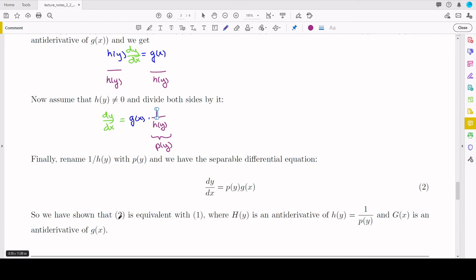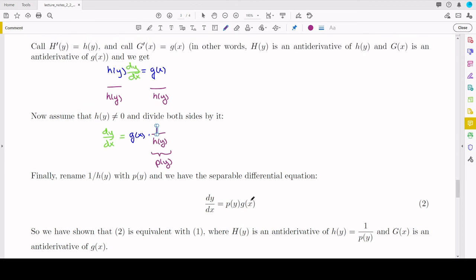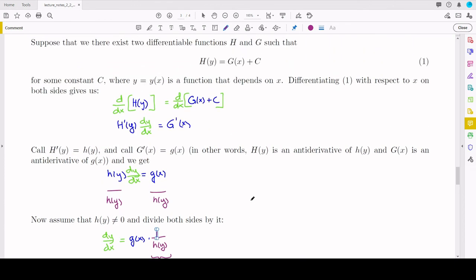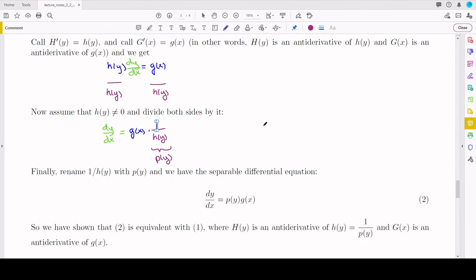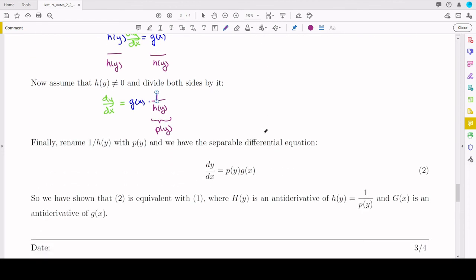So what we have shown is that if this is your differential equation, that is equivalent with what we started out with, that H of y equals G of x plus c. That's the method of solving separable equations.